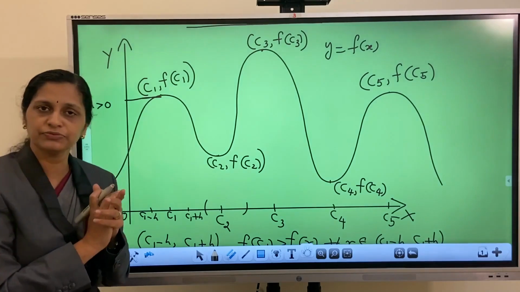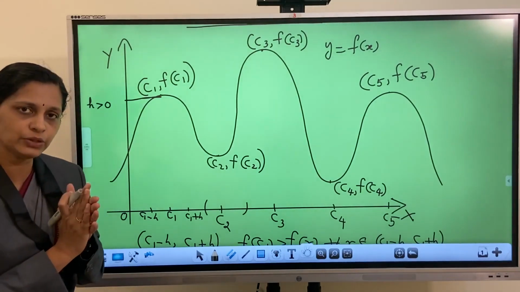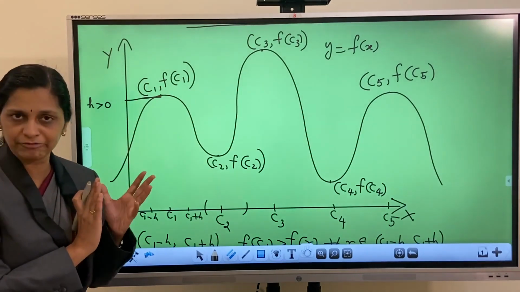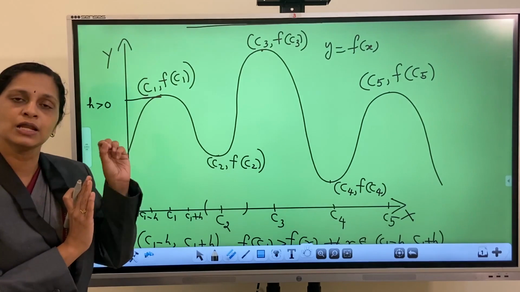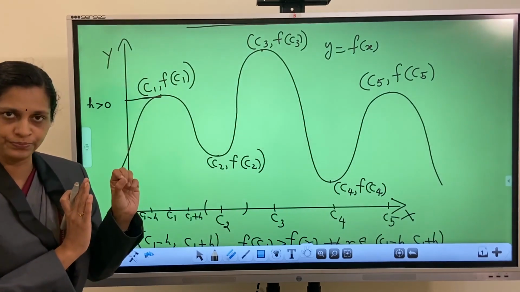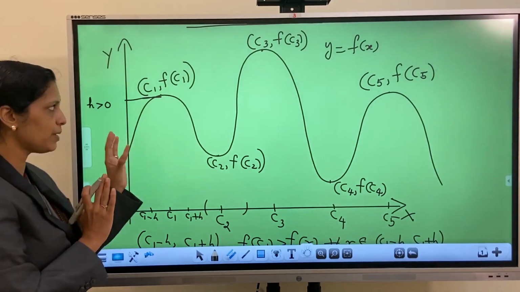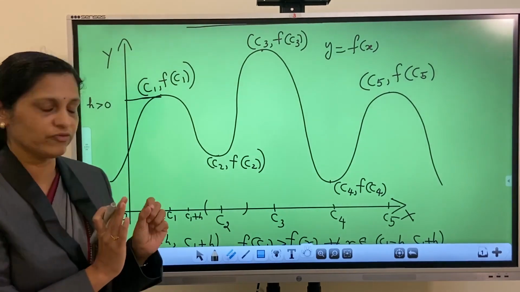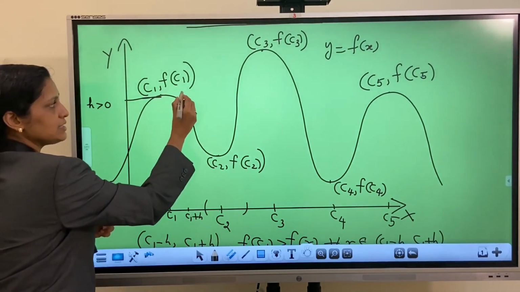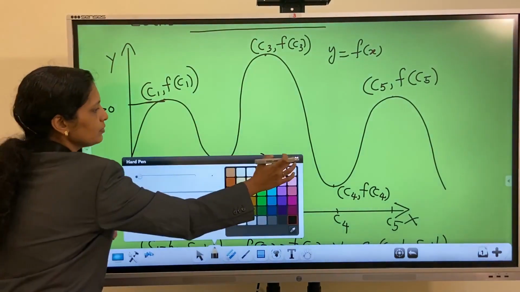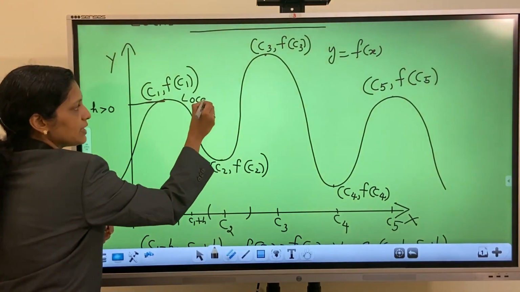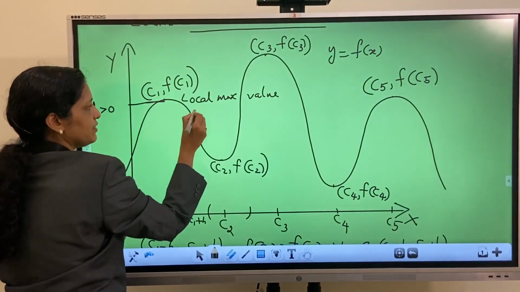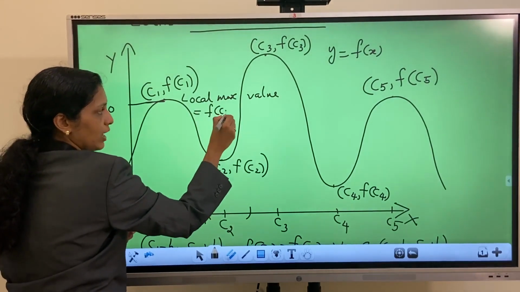Therefore, what is the definition of local maximum and local minimum value? The maximum value attained by a function at a particular locality is known as the local maximum value, and the minimum value attained by the function at a particular locality is known as the local minimum value. Here f of C1 is the local maximum value.